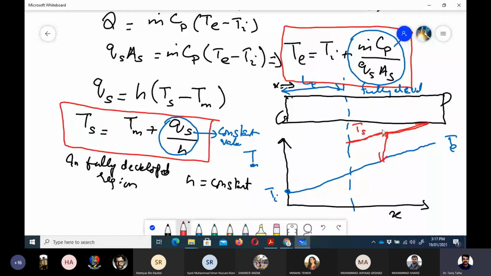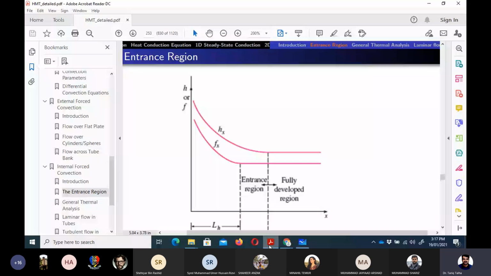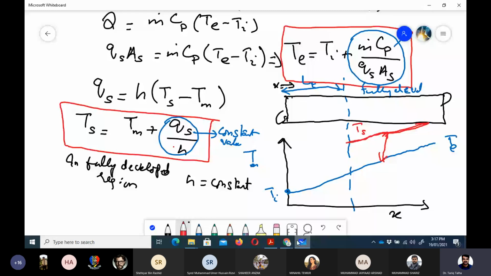Right. Now, what will happen when the flow comes into the entrance region? Because in the entrance region, if you look at the graph, the h value is more. Can you see this? The h value is decreasing. So if I go back here, in this case this h would be greater, which means I would have a downward slope. It is a little bit difficult to draw a straight line on this tab, apologies for this.